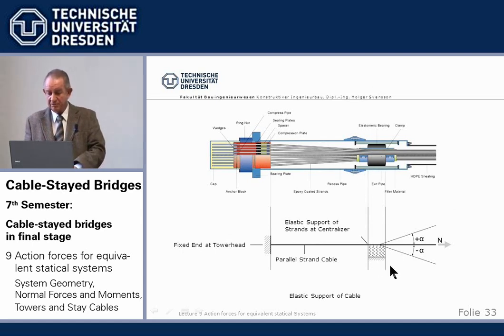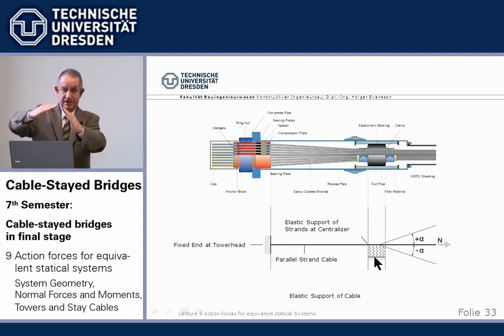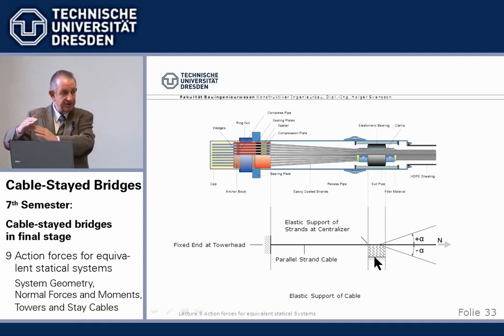So what we try to do is we put in, if that's a stay cable, an elastic support here, or a support which takes the bending away from the sensitive anchorage. The free lengths can more easily take the kink than the anchorage. So that is a way to reduce these stresses.